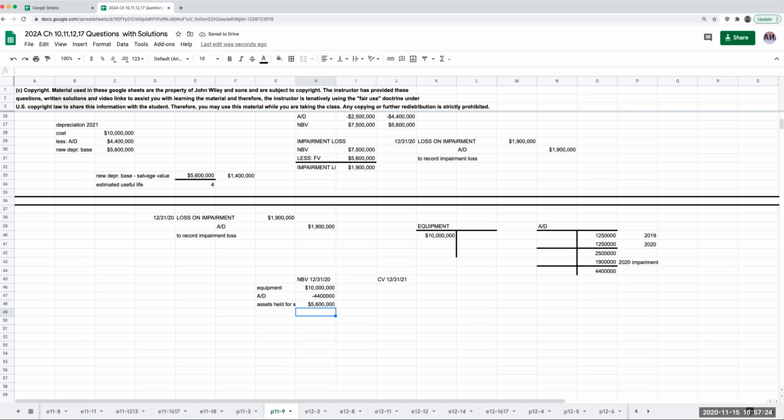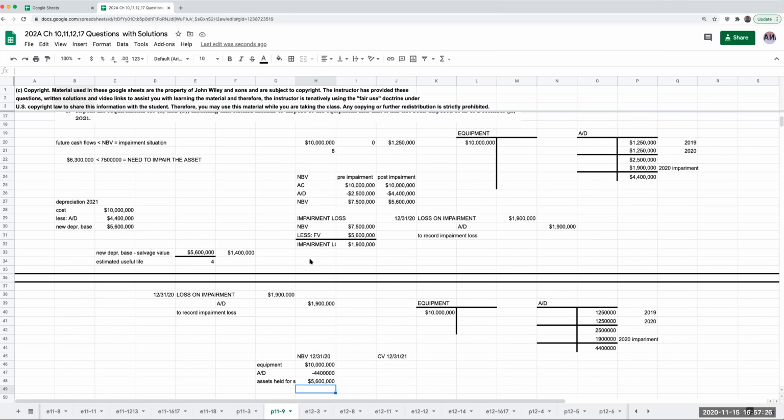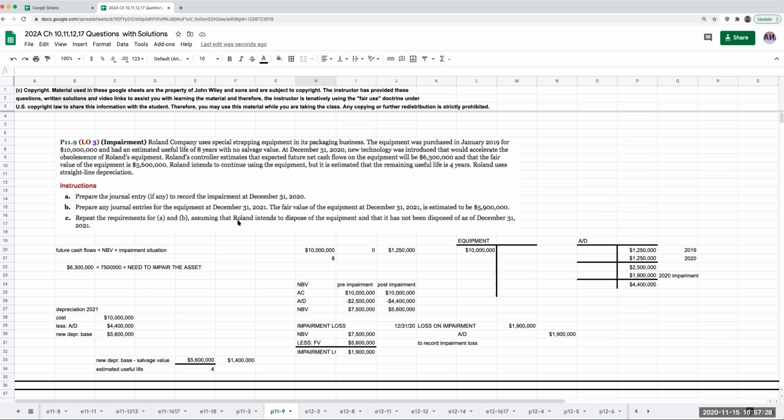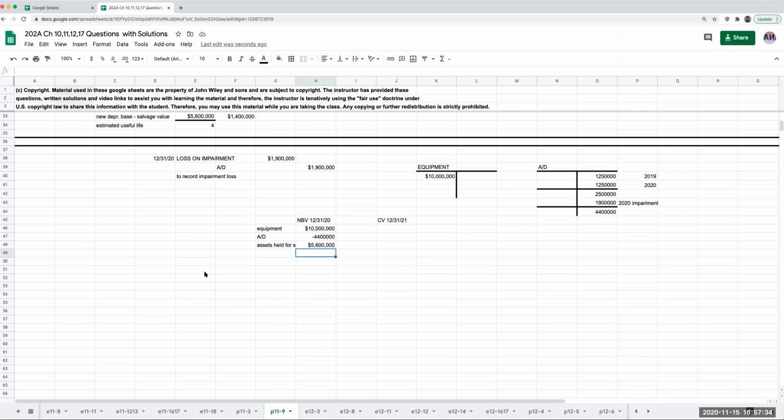Now, my carrying value, which is really the same thing as the net book value as of 12/31/21, I'm allowed to recover from my impairment, because if I'm holding it for sale and it's now worth 5.9 million, I can debit accumulated depreciation for 300,000.